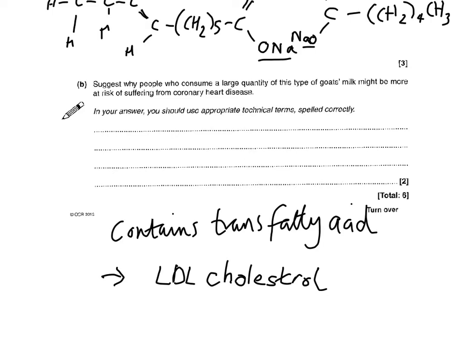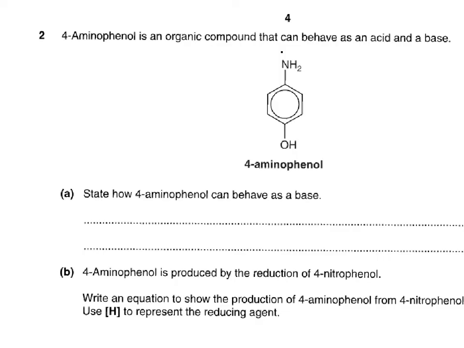Right, next page. Okay, so first question's asking us why 4-aminophenol can behave as a base. You have to remember that bases are proton acceptors. So our nitrogen up here has a lone pair. It's rather hard for me to draw it properly, so you'll just have to accept it.